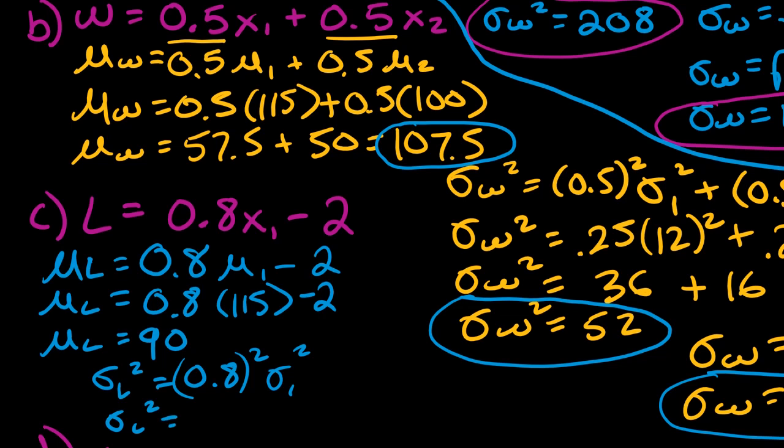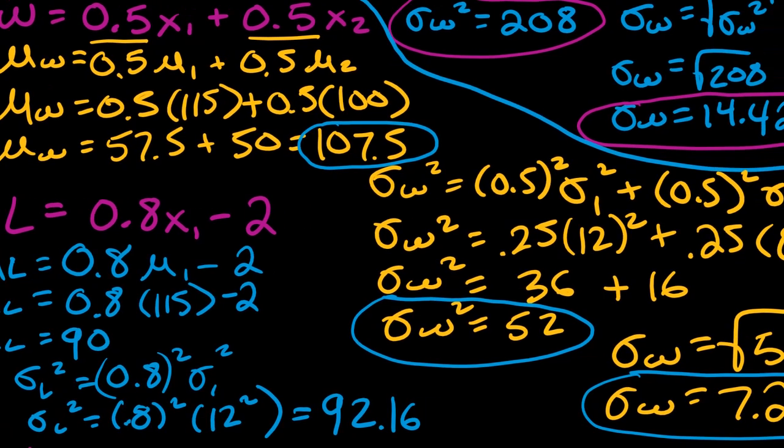All right. Let's see. What is sigma? Sigma 1 is 12, right? So 0.8 squared times 12 squared. All right. That equals 92.16. Okay.